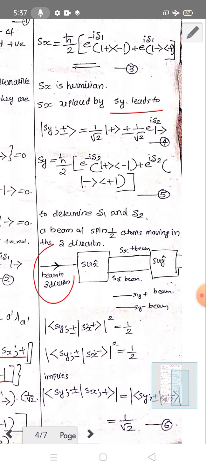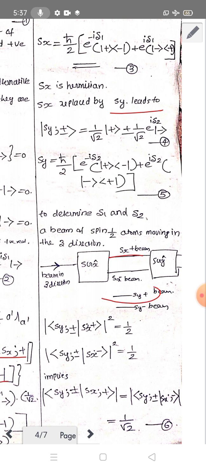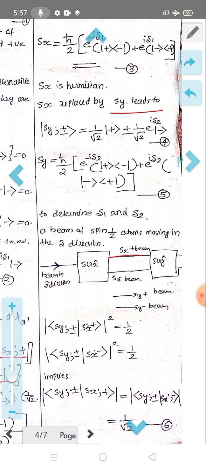It goes through the Stern-Gerlach x, that is, a magnetic field applied in the x direction. As the output we get the Sx plus beam and the Sx minus beam. Then it goes through SGy, so we get the output Sy plus beam and Sy minus beam.